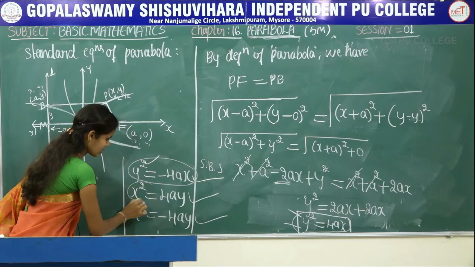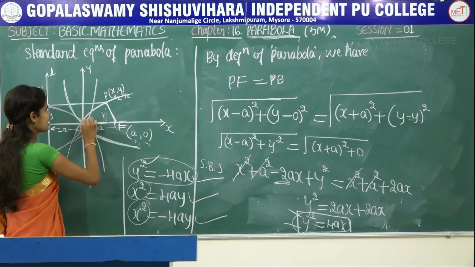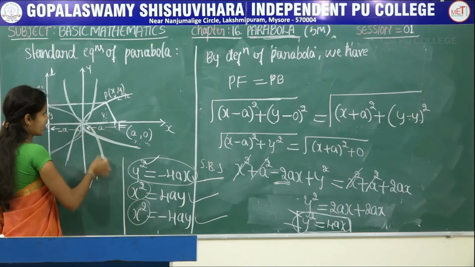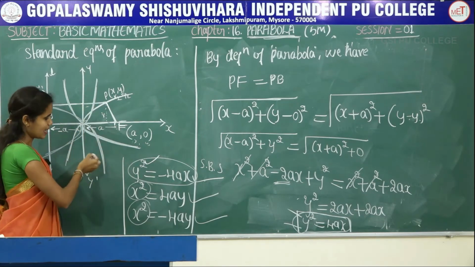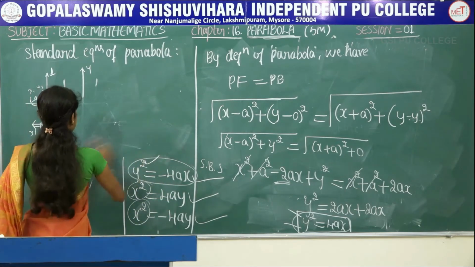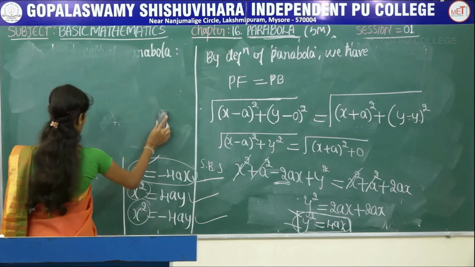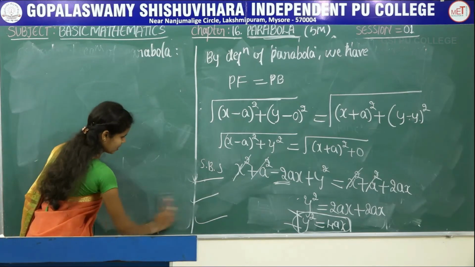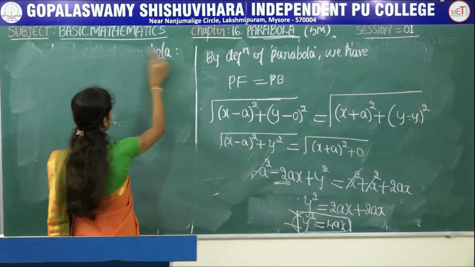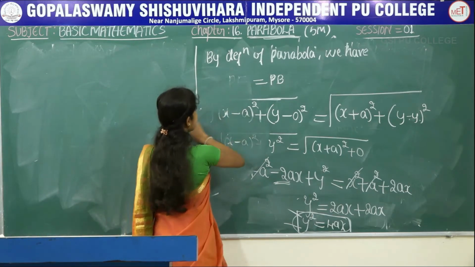If the equation has an x square term, then the parabola is symmetric with respect to the y-axis, either the positive y-axis or the negative y-axis. Okay. So we have 4 standard equations for the parabola. Next, let us discuss one more concept, latus rectum.